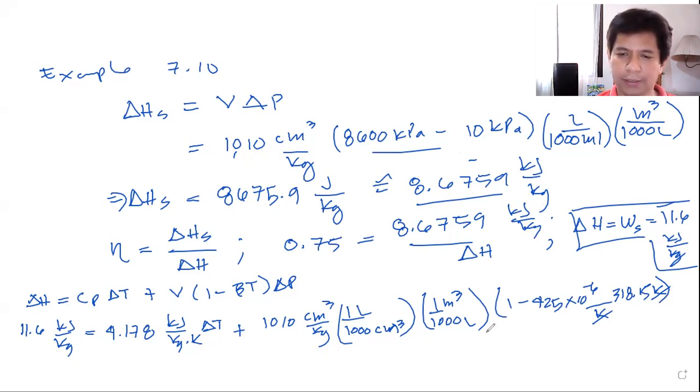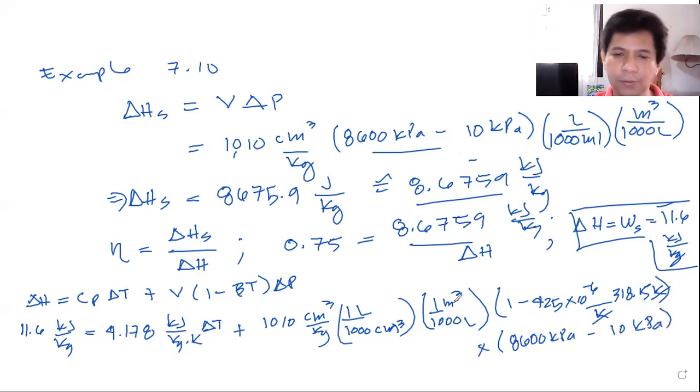So, times 8,600 kilopascal minus 10 kilopascal. This is your delta P. The unit of this is cubic meter per kilogram times kilopascal, so it also becomes kilojoules per kilogram.